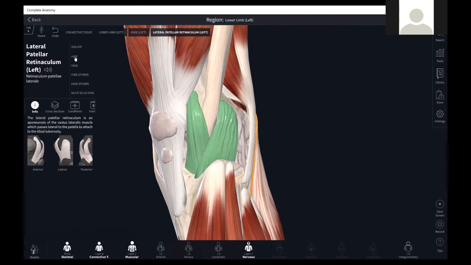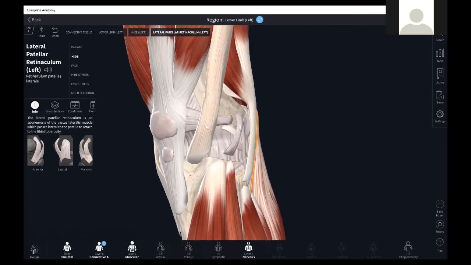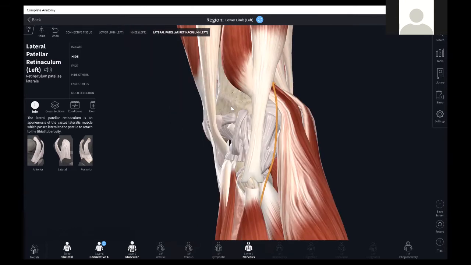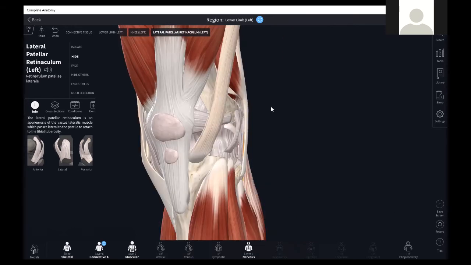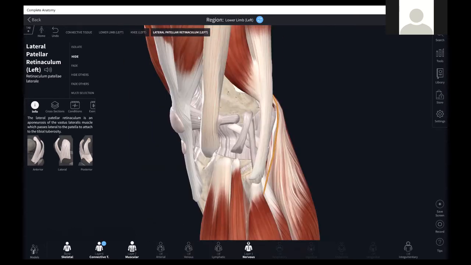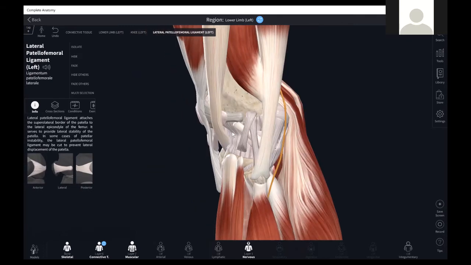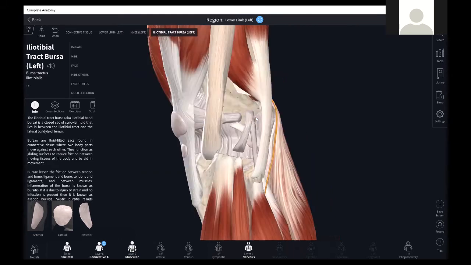Where we tend to see our friction, our problems, is right around the lateral femoral condyle. As it comes across the lateral patellofemoral ligament, between that and the IT band, you can see we have the iliotibial tract bursa. So obviously that's there to reduce any friction.